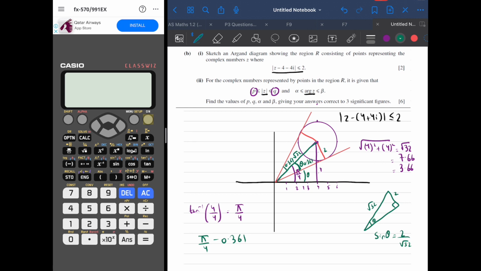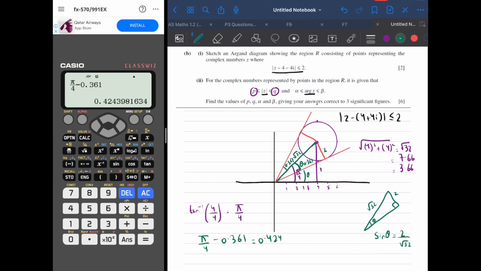So it's going to be pi upon 4 minus 0.361. So I got 0.424.